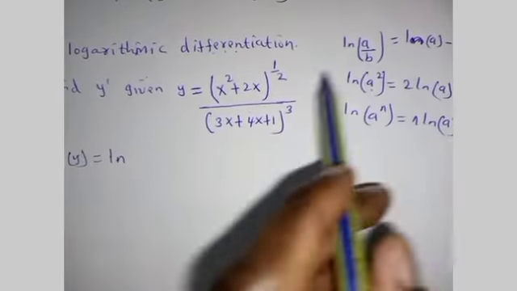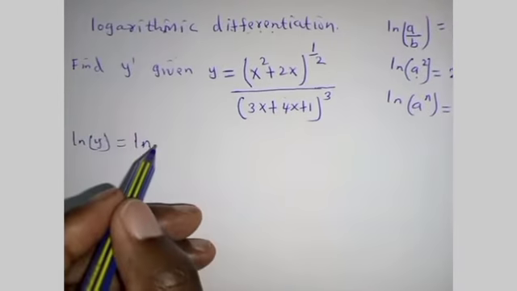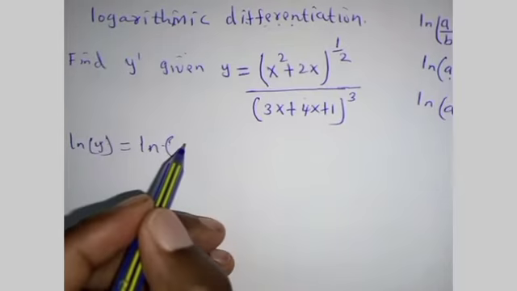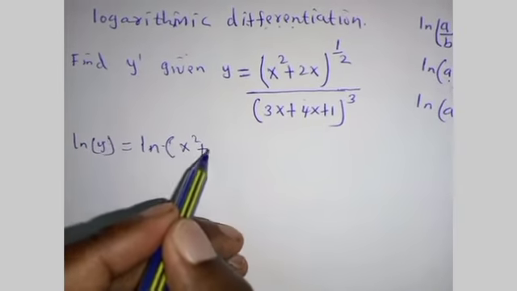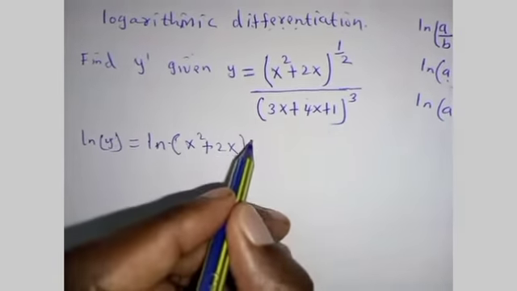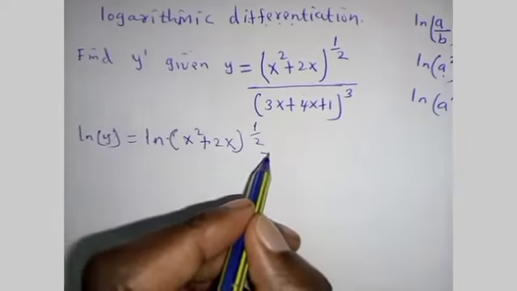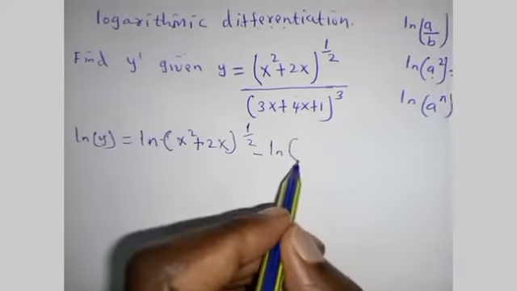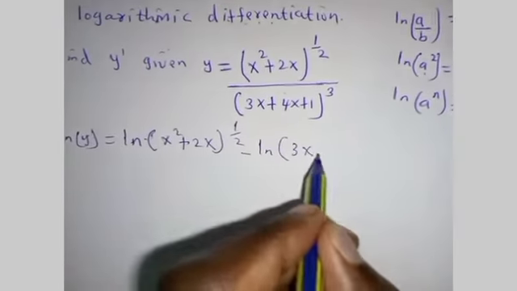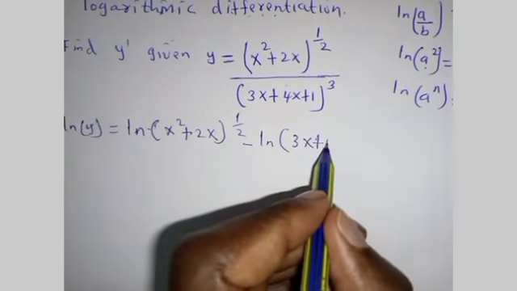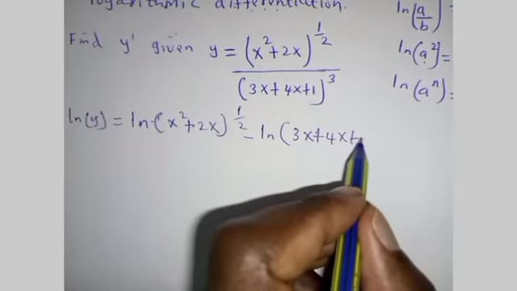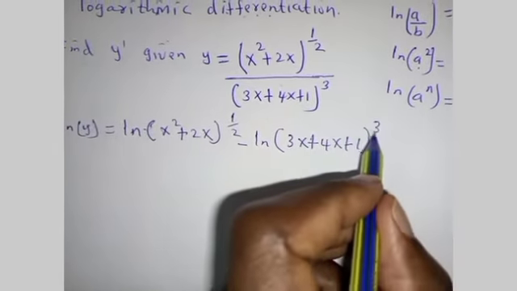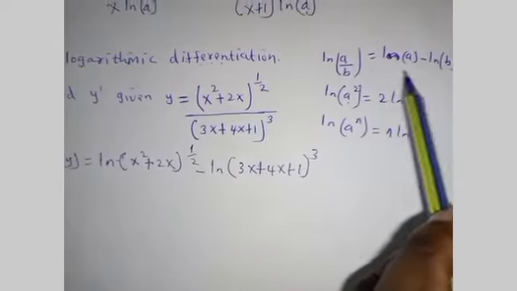Our a is this one, bracket x squared plus 2x power half, minus ln of our b, which is 3x plus 4x plus 1 power 3. So we have applied this rule.